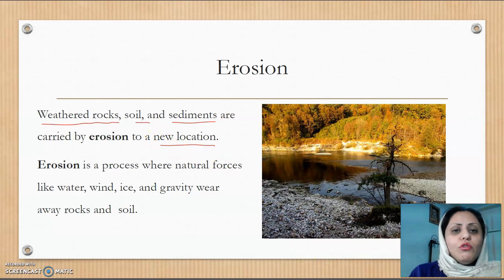This movement is called erosion. So basically we talked about weathering, which is the process of breaking down the rocks and boulders, and then after they are broken into pieces, it is easy for wind and water to move them from one place to another place.